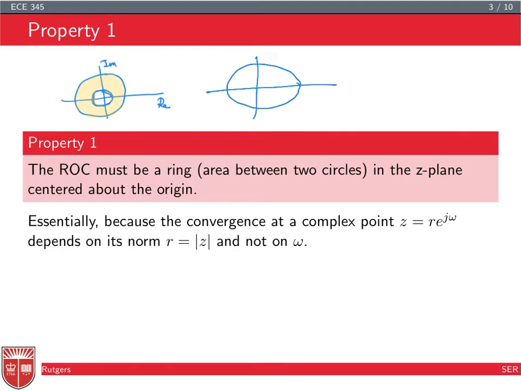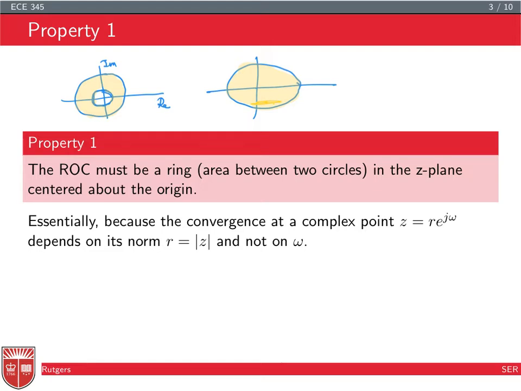So here the ROC would actually be the interior of this circle. And if you remember, this exactly corresponds to the ROC of a left-sided signal.